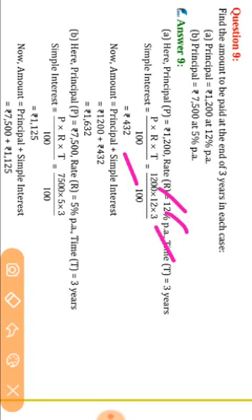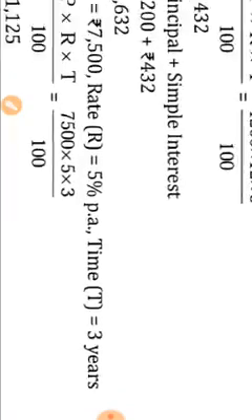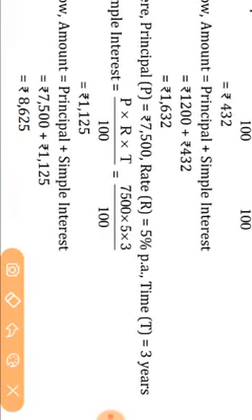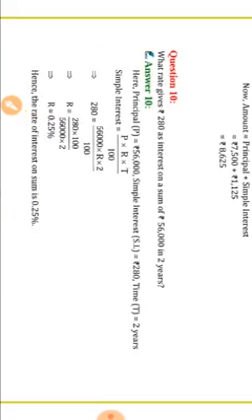You'll get the total amount. Here, 7,500 at 5%. Here also principal is 7,500, 5%, and for 3 years, divided by 100, 1,125. Total amount is principal plus simple interest, 8,625 rupees.